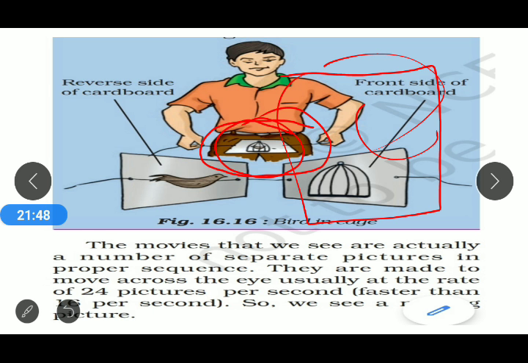So it appears as movement, or the bird inside the cage. It is the same kind of effect when we place pictures in a sequence and move them at a rate of 24 pictures per second or more: those pictures are seen to be in motion. So that is the limitation of our eyes, and with the help of that limitation we create this effect.